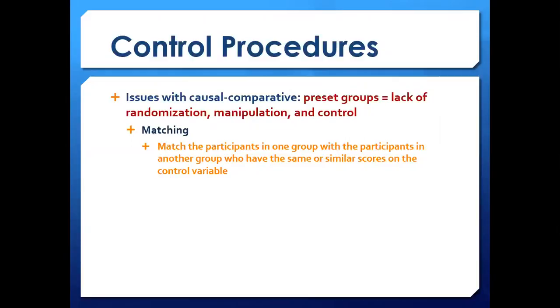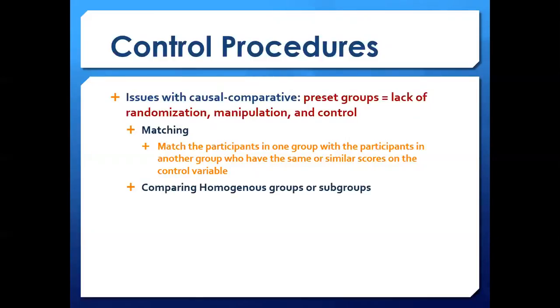So if group A all had a higher IQ and group B didn't, who knows if really it's the new teaching method or if it's their IQ that's bringing across higher reading scores. So you need to make sure that you're trying to match the participants in one group with the participants in another group.